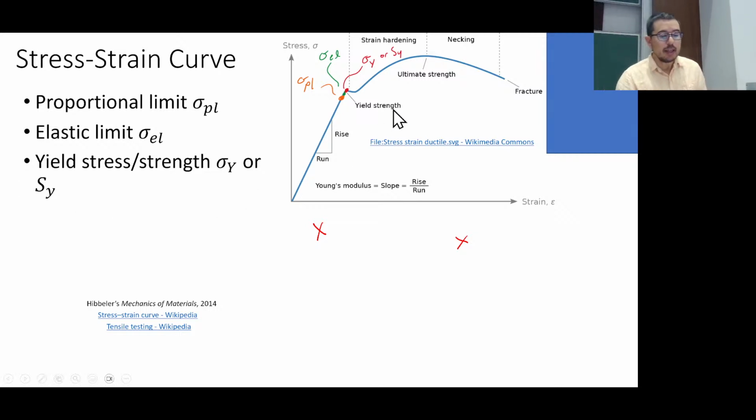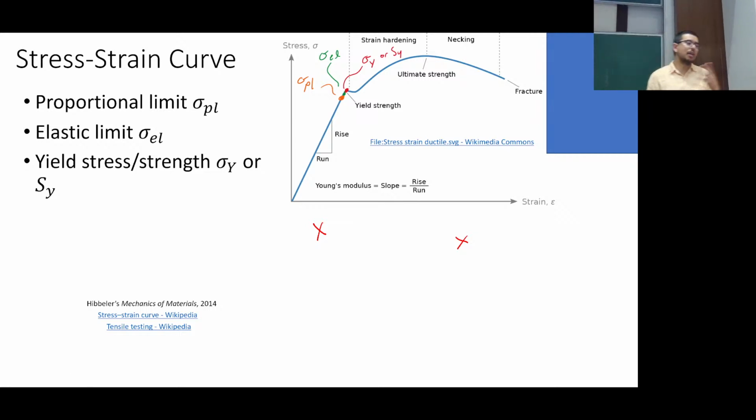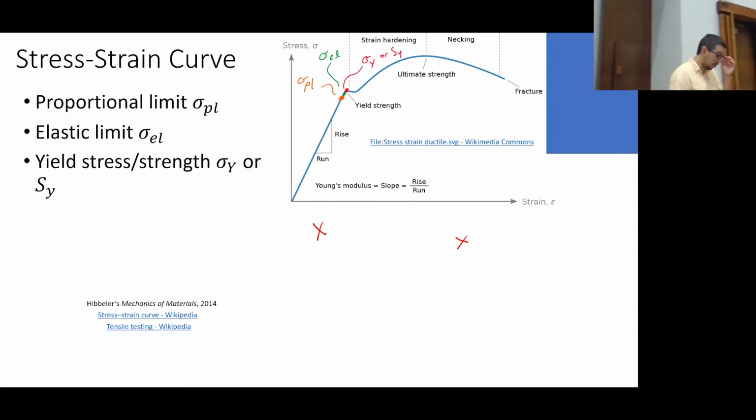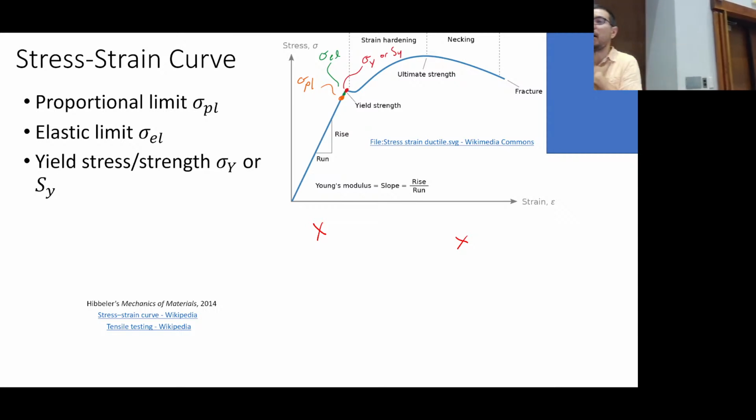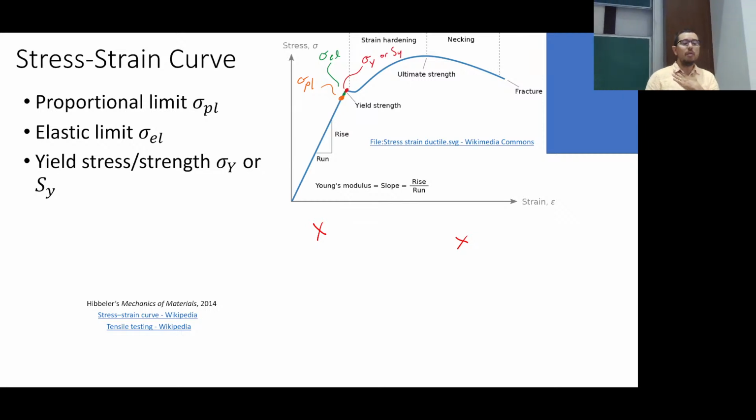But once you go past the yield strength, interesting things begin to happen. Some mechanicians, plasticity is their thing, but for our class, plasticity is not our thing. We want a design to stay in here.